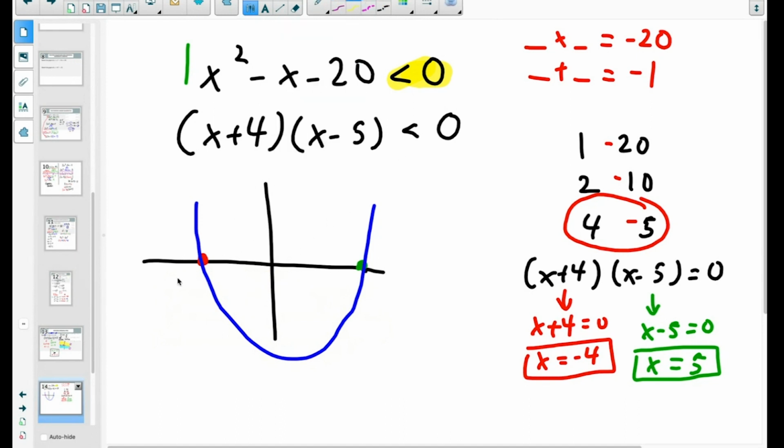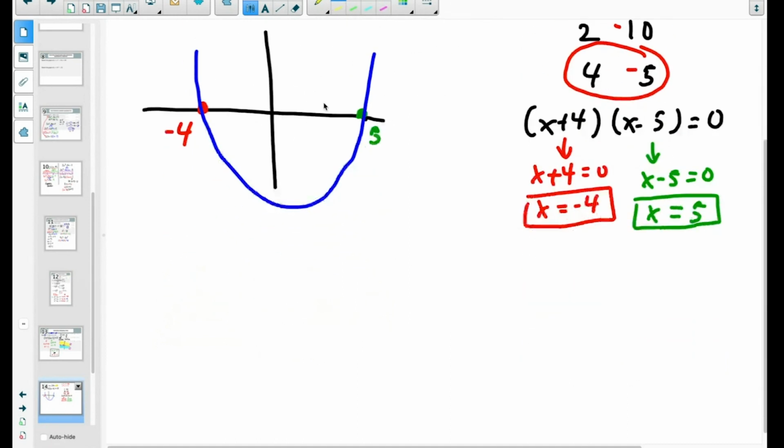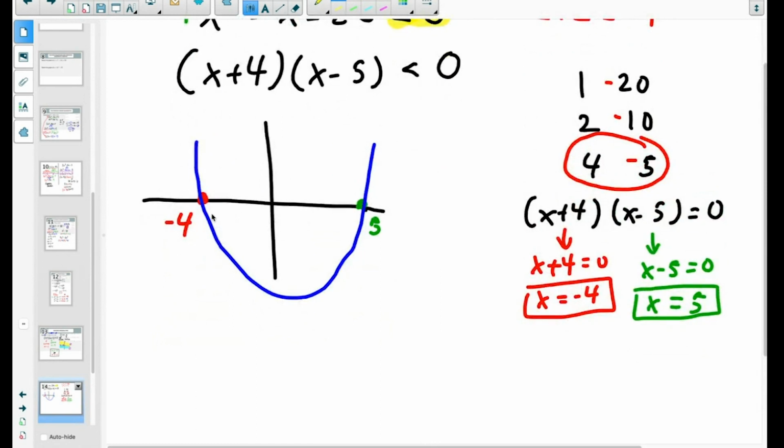So let's go ahead and look back at our numbers. We have negative 4 and positive 5. Our values of y, our function here, will be negative when x is between negative 4 and positive 5.